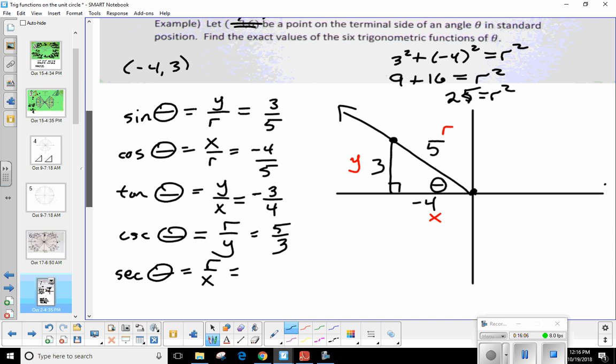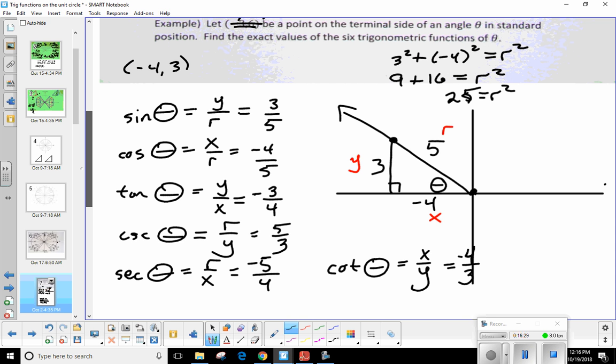The radius over negative, oops, I'm going to start to say it. So 5 over negative 4, so I'll say a negative 5/4. And then our last one, cotangent of theta, well, that is x over y, so it's a negative 4/3. And there you go.